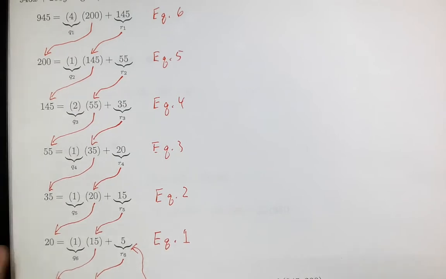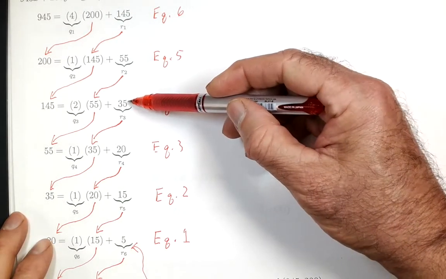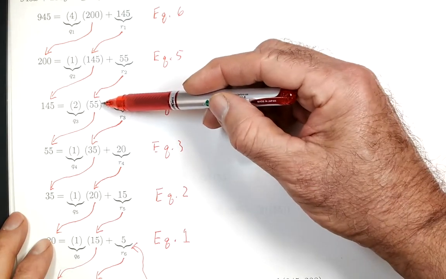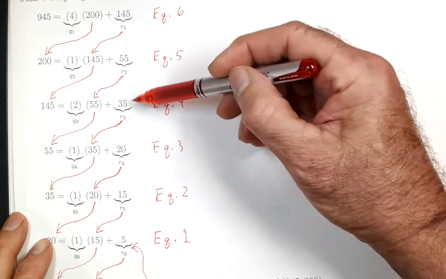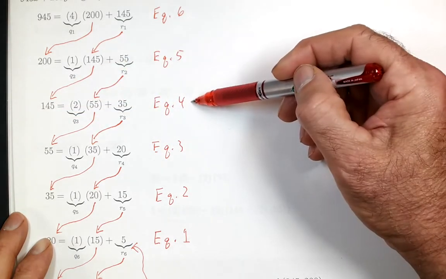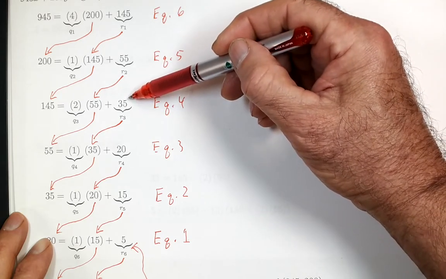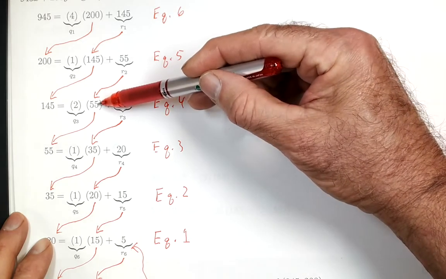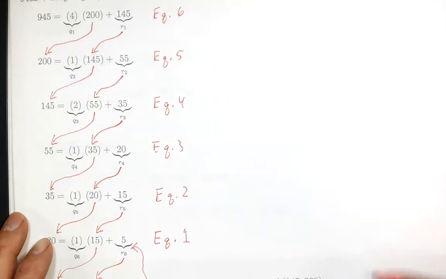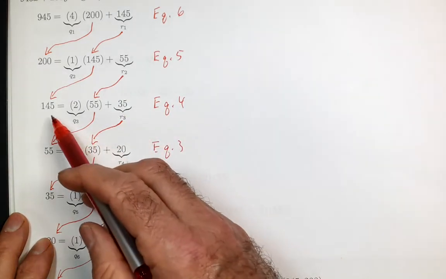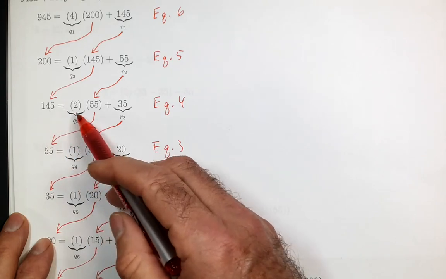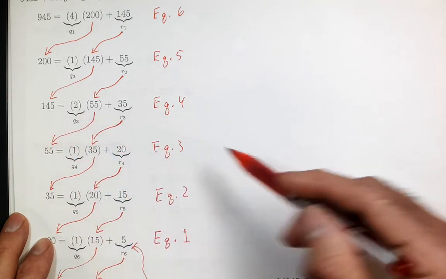And what would that be? Let's see, here's 35. Its two predecessors as far as divisors go are 55 and 145. So we're going to use equation 4 to express 35 in terms of 55 and 145. That will give us 35 equals 145 minus 2 times 55.